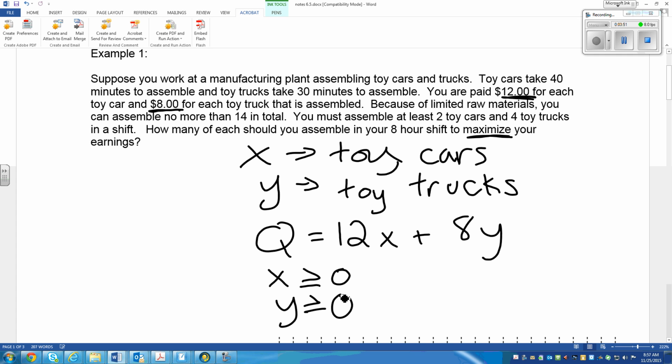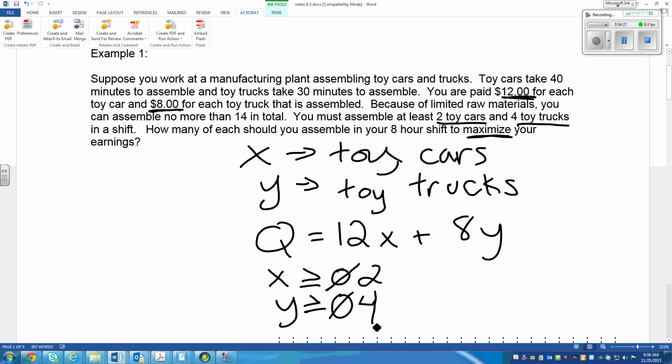You could say instead of that, greater than 2 or 4, because he already did this reading up here, and it says you have to make at least 2 cars. So instead of being greater than 0, x actually has to be greater than or equal to 2. So you can change that statement, or you can ignore that when they say at least. And at least 4 trucks, so y has to be greater than or equal to 4.